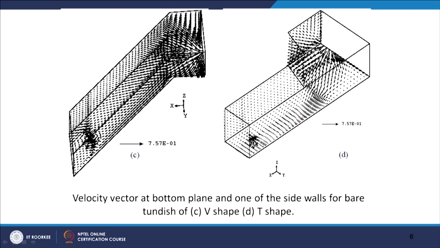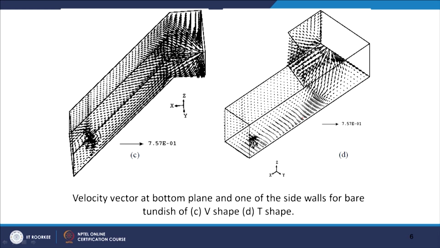You can draw certain inferences, certain conclusions by looking at those velocity vectors, which will tell you where the velocity is higher and where it is lower. If it is very low, it may be likely to have certain dead zones also.